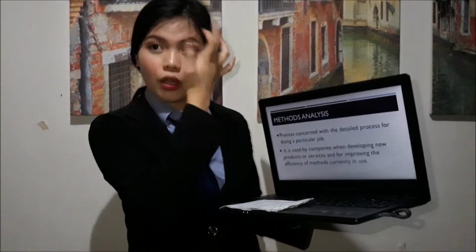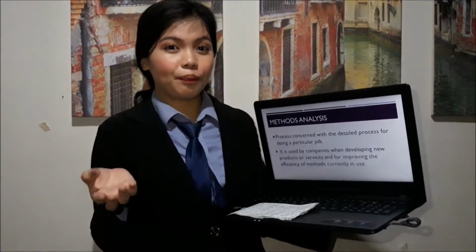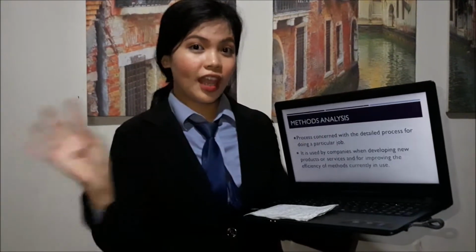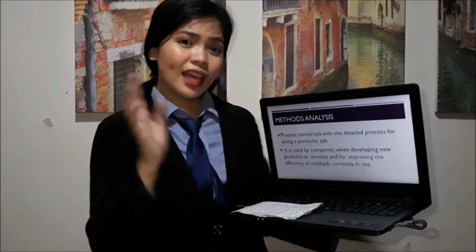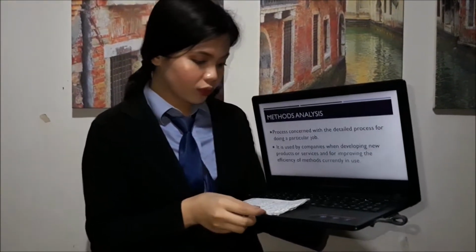So, for example, at a restaurant, your company or organization has a system to follow, like ordering from the guests and delivering that order to the kitchen without any errors. So that is your method. That's the method that you follow.